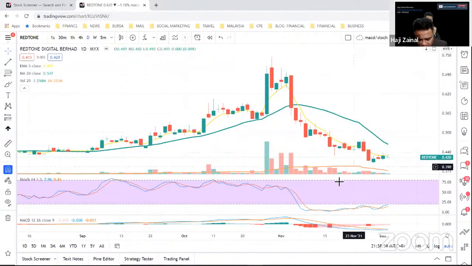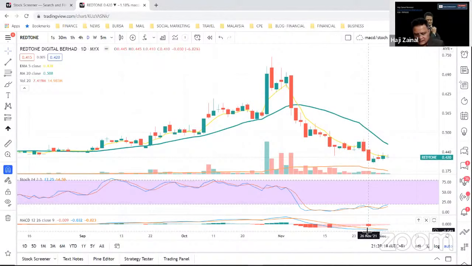We look at the MACD. The MACD histogram is still below zero, or what we call the orange line is below the green line. The orange line is still below the green line, so we have to wait.